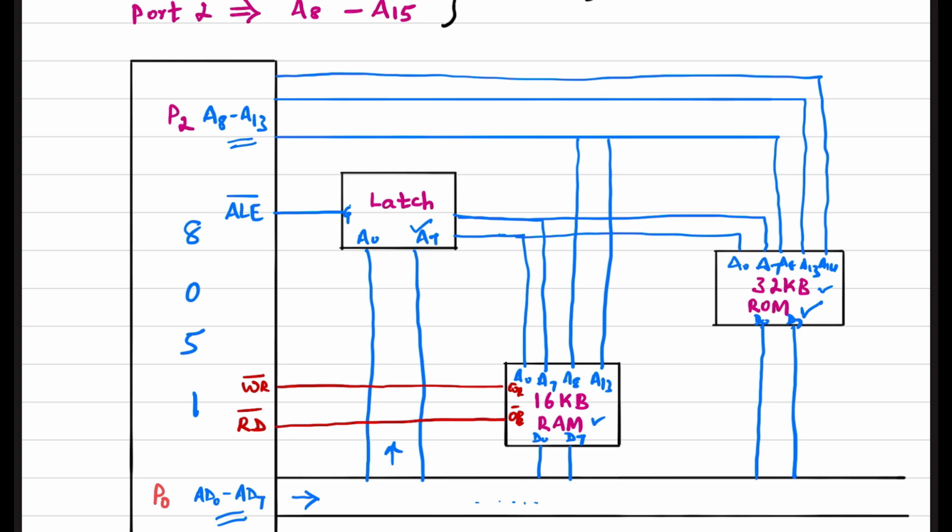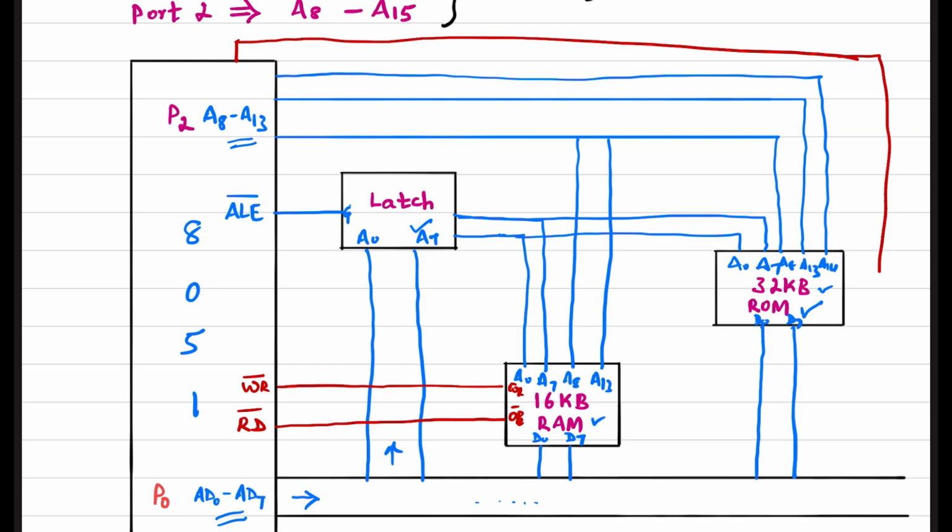Now getting into the 32 kilobytes of ROM. In order to enable and disable the data reading from the ROM, we have one exclusive pin in 8051, that is PSEN. I'm going to connect that PSEN line to this one.